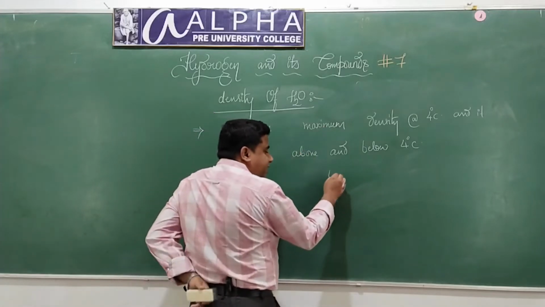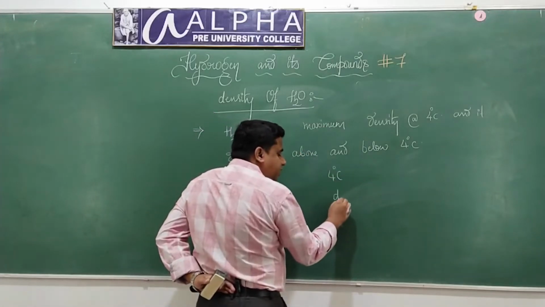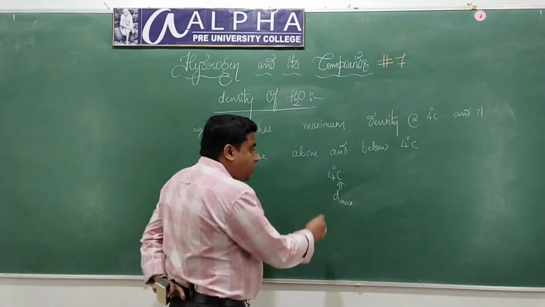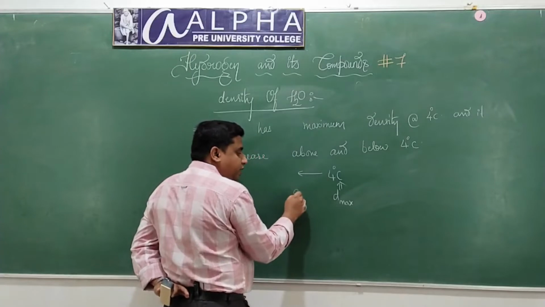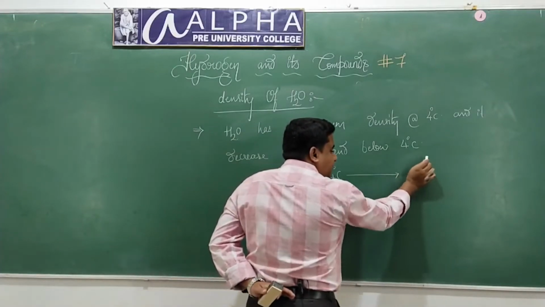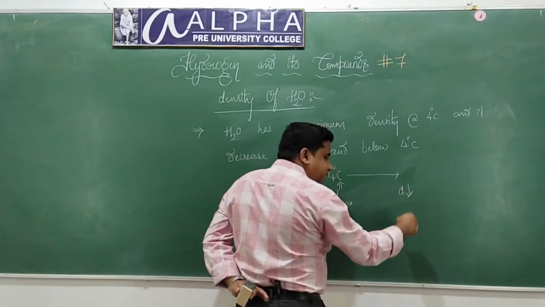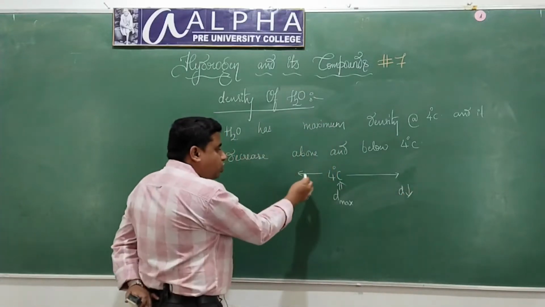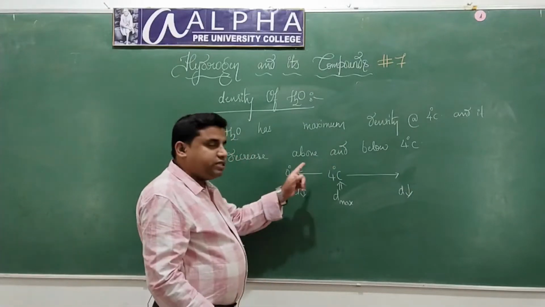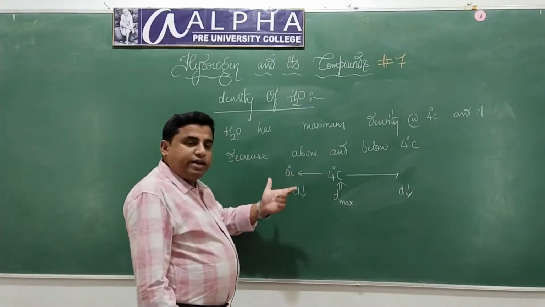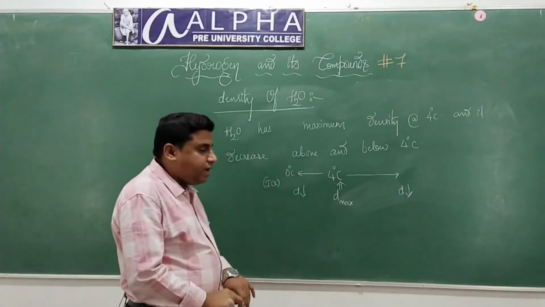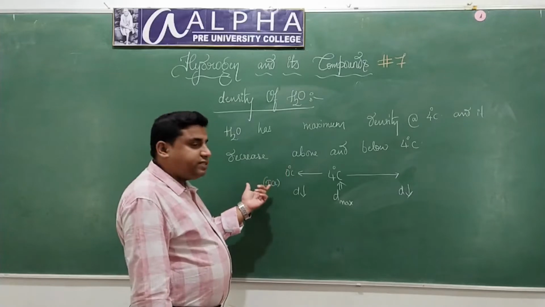So water density is maximum at 4 degrees centigrade. Below 4 degrees centigrade, density decreases. Above 4 degrees centigrade, density also decreases. We know at 0 degrees centigrade, which is less than 4 degrees centigrade, water exists in the form of ice.